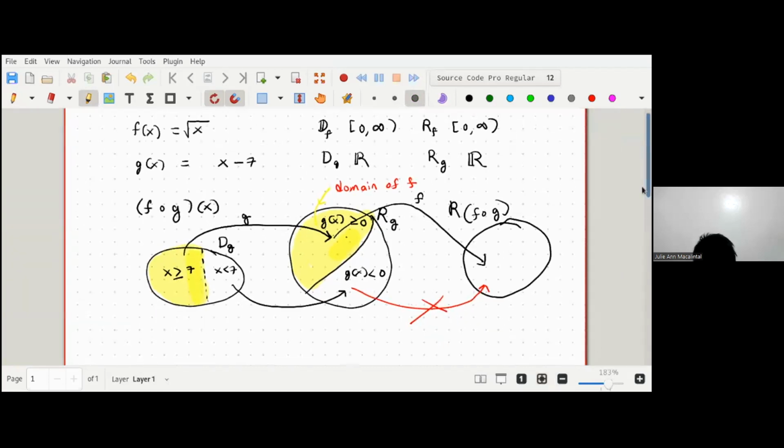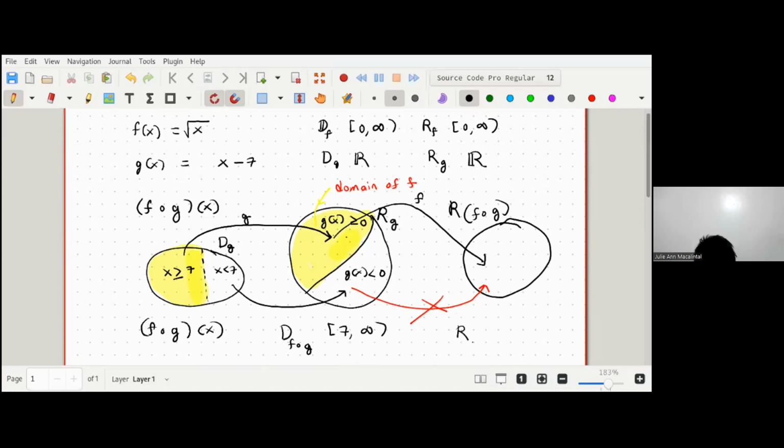Kaya clear ba yung explanation na ginagawa ko? So if we now look at the composite function f circle of g of x, the domain of f circle of g is now just greater than or equal to 7 to infinity.